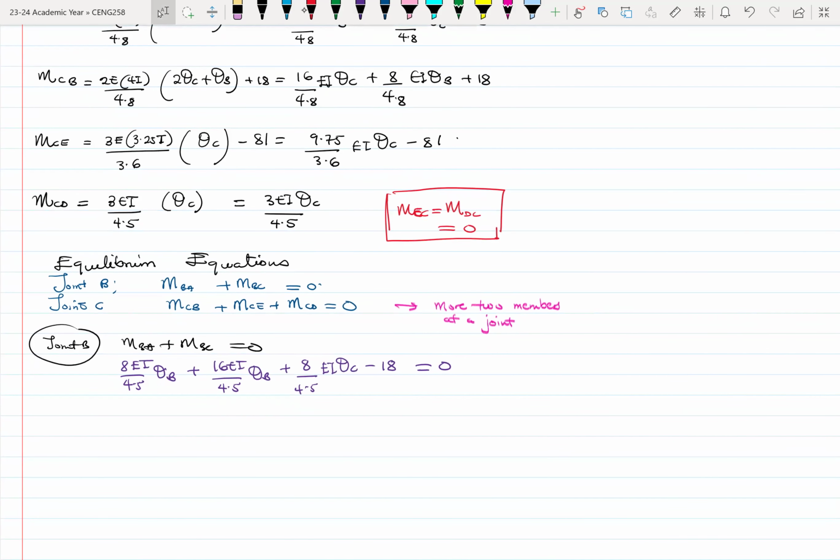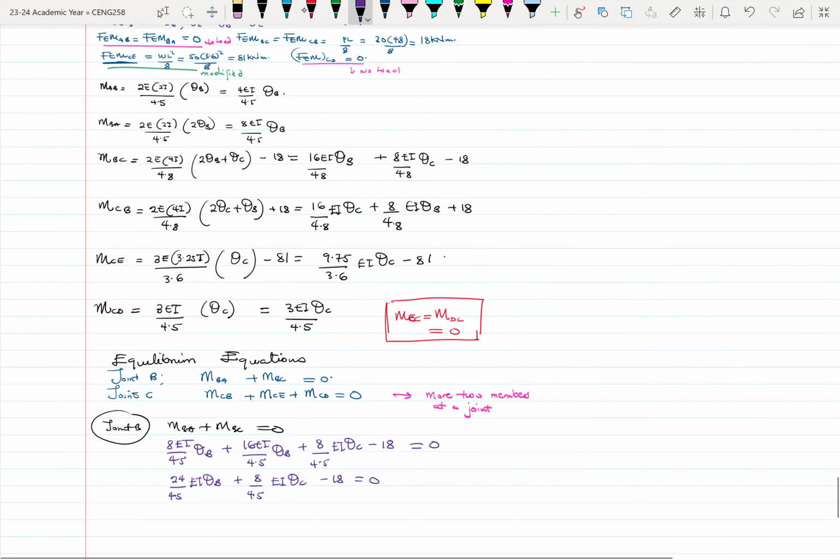Let's simplify: this becomes 24 over 4.5 EI theta B plus 8 over 4.5 EI theta C minus 18 equals 0.